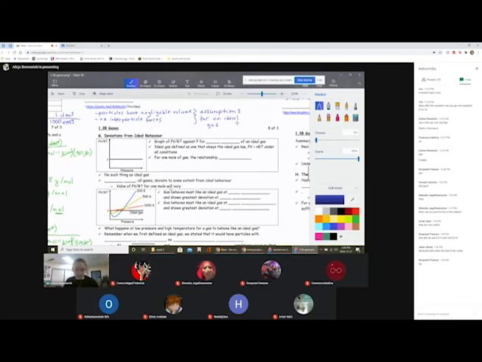So textbook thing, I'm going to try and explain it to you. Okay, so let's say I have 1 mole of an ideal gas.